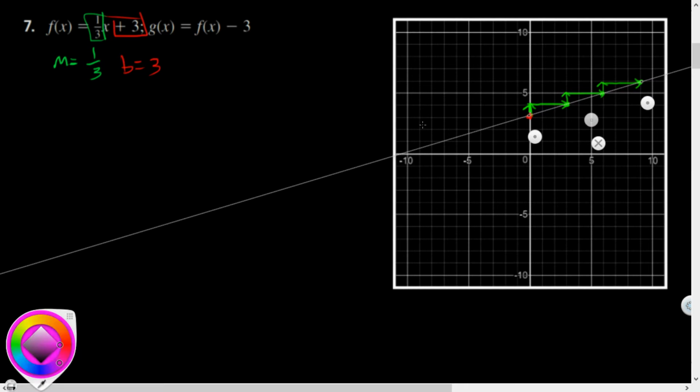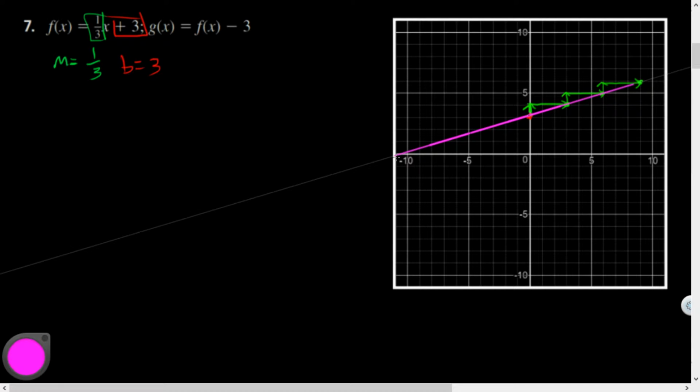But now we're going to think about how I could graph this other function by interpreting it as a transformation. So if I was to take my purple line here and subtract 3 from it, this is f of x, and then they told me that g of x is equal to f of x close parentheses minus 3.